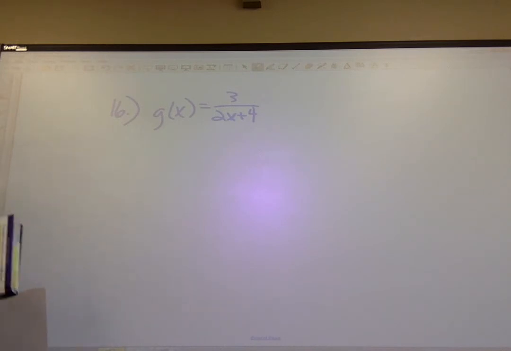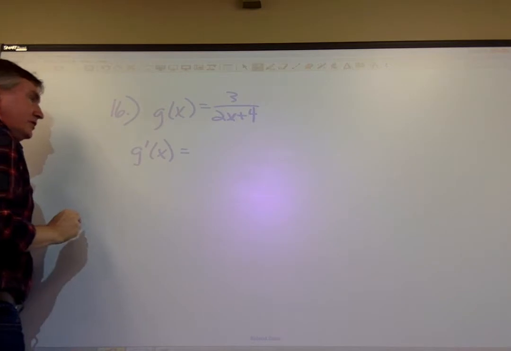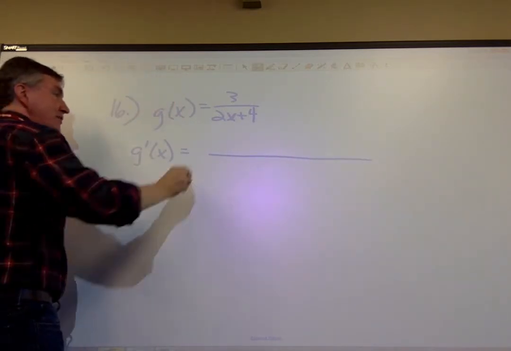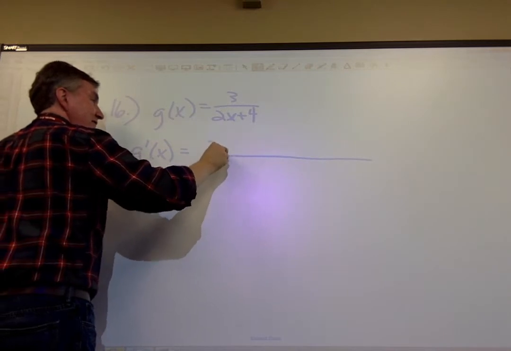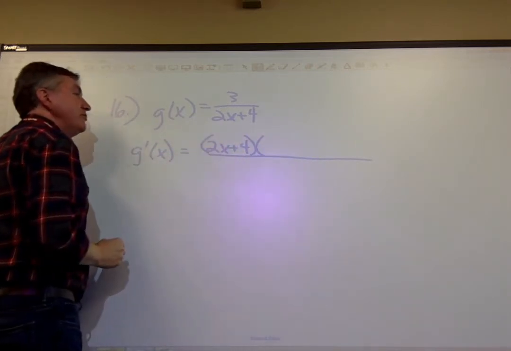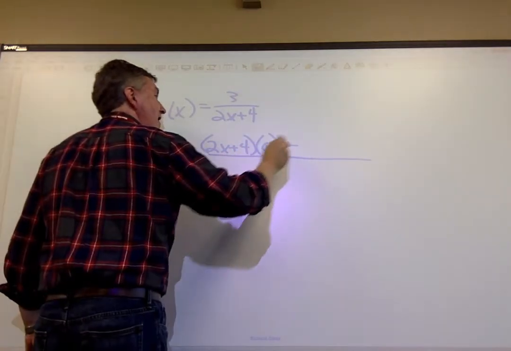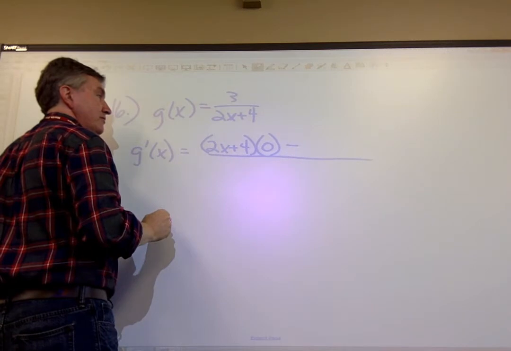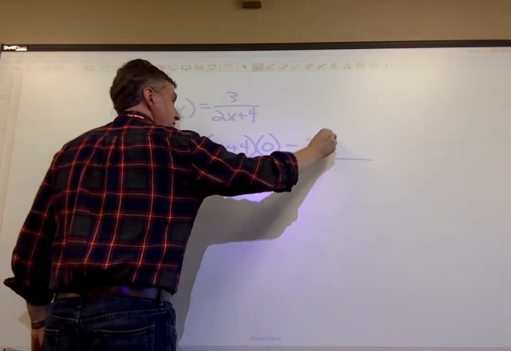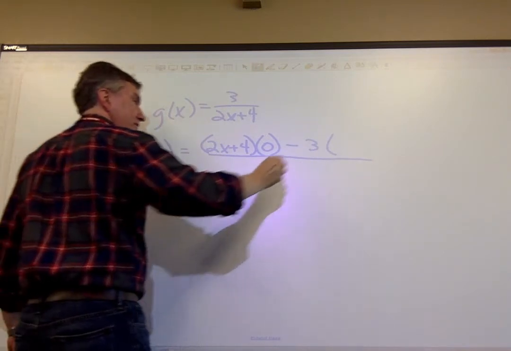Okay. So let's see, if we want to find g prime of x, I'm going to make my big fraction, and I'm going to say, what? Denominator times numerator prime, which is 0, I like that, minus numerator times denominator prime, is that right?